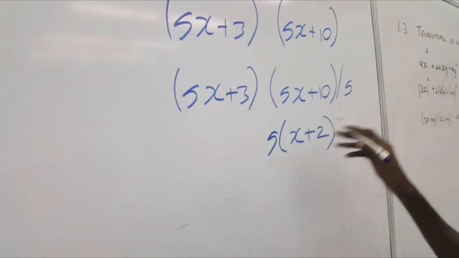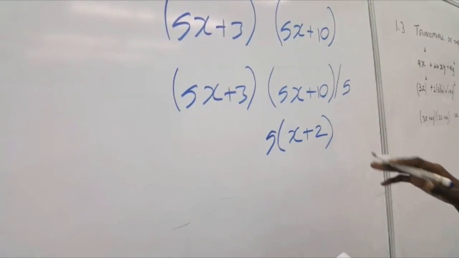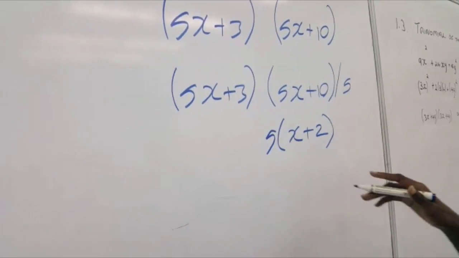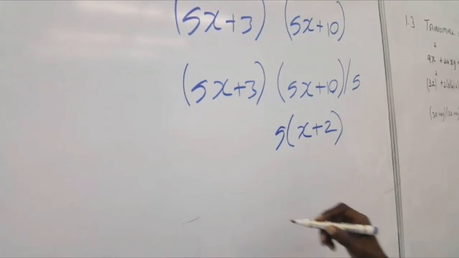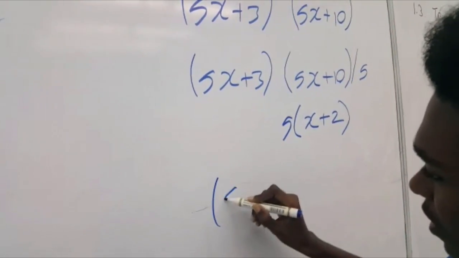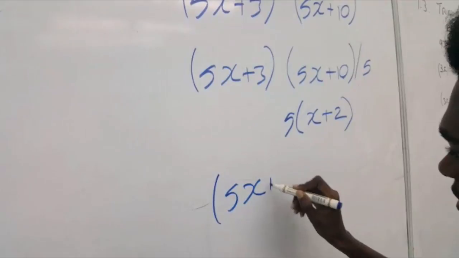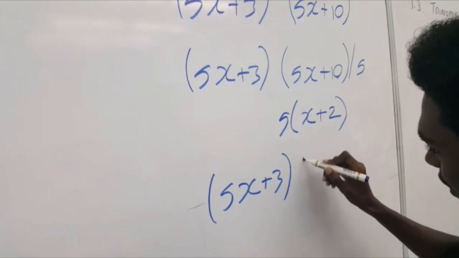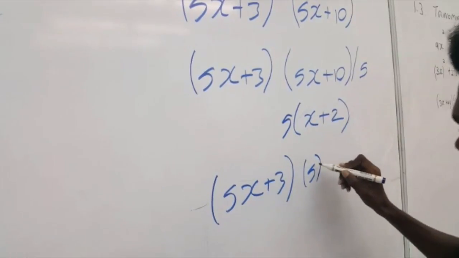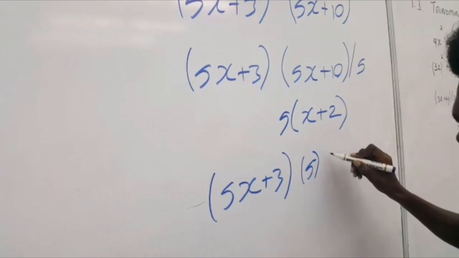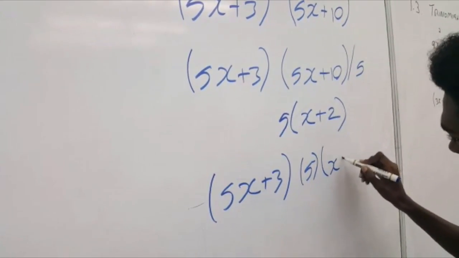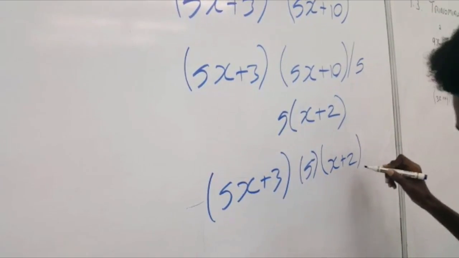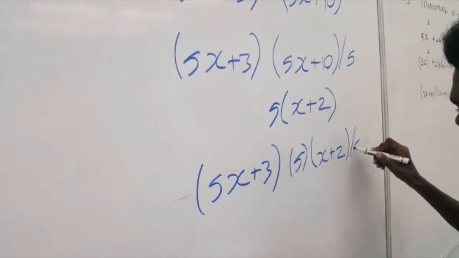So now we write over the new factorized form, which is 5x plus 3, 5 and x plus 2, divided by 5.